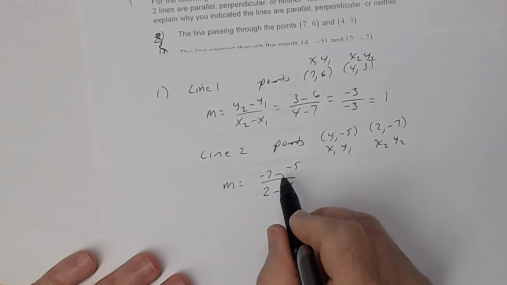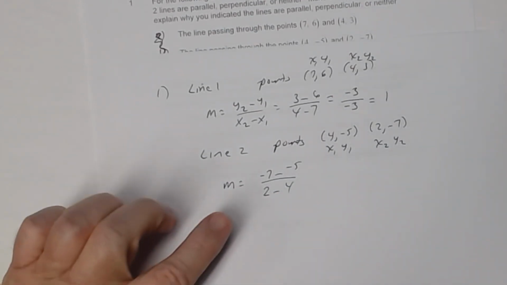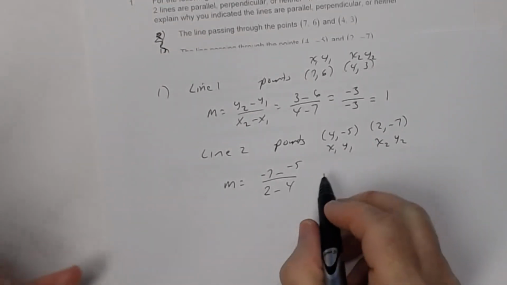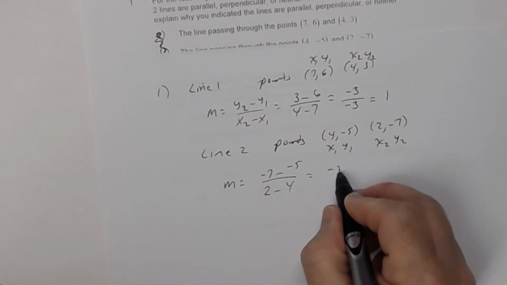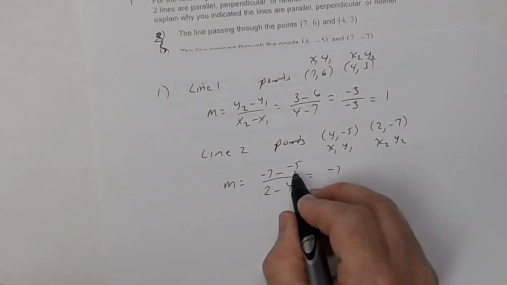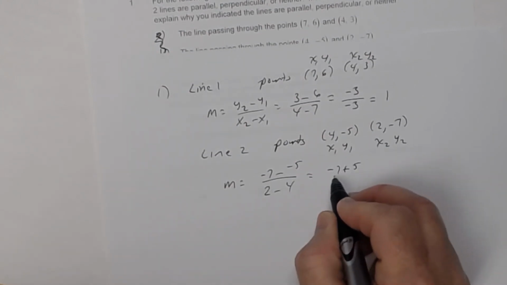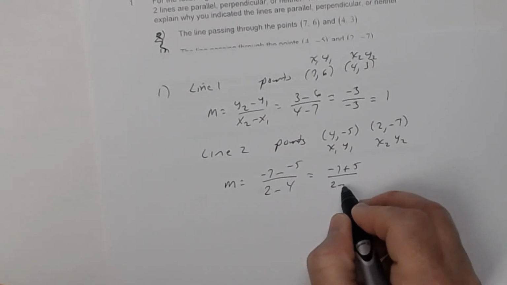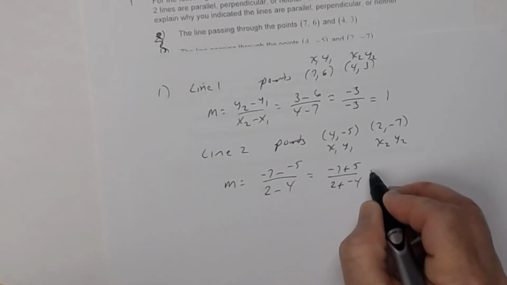And negative 7 subtract negative 5 means the same thing as negative 7 plus the opposite of a negative 5, so that means plus a positive 5. And then 2 subtract 4 means 2 plus the opposite of 4, which is a negative 4.